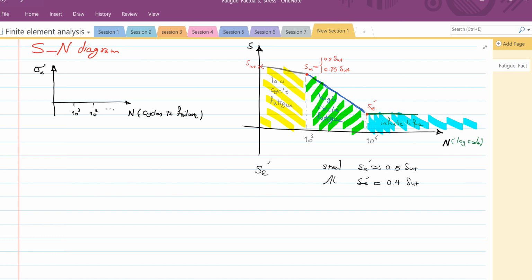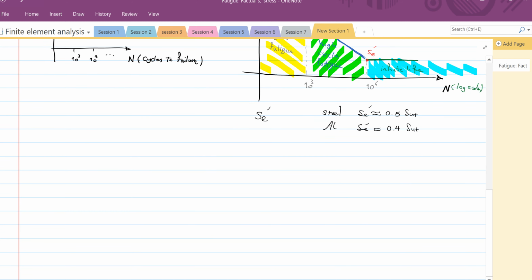Why am I repeating ideal endurance limit? Let me write the name here: ideal endurance limit. Because we have an endurance limit, which is this formula.